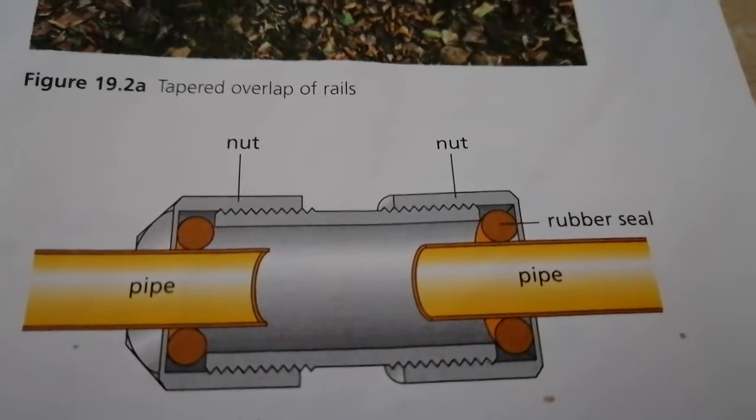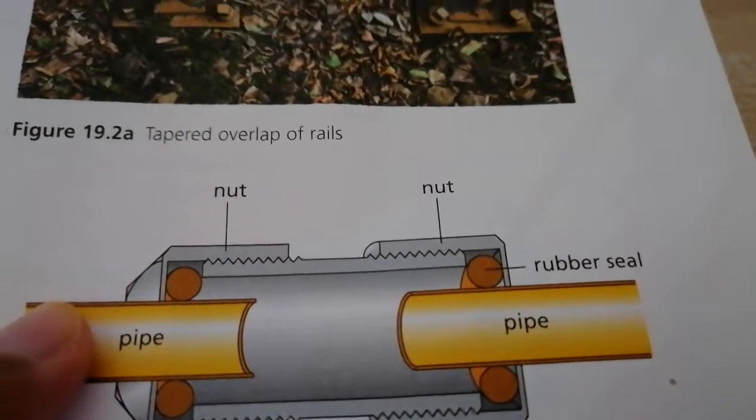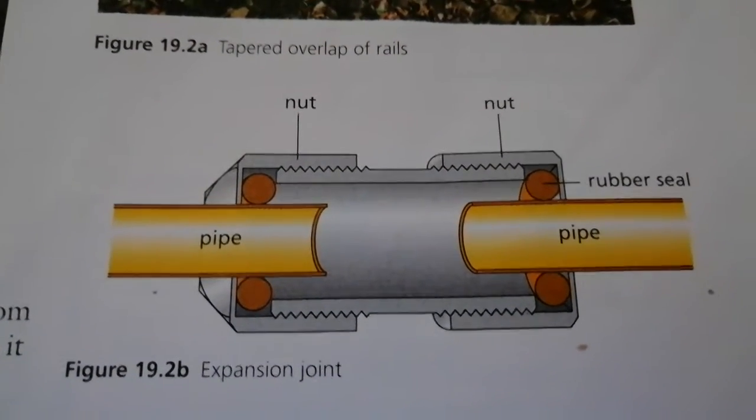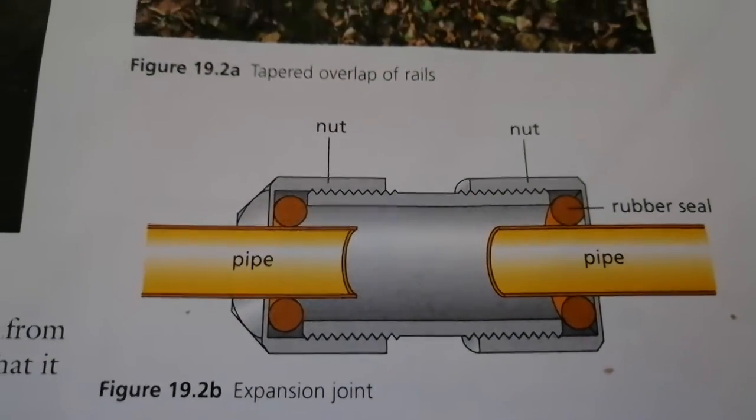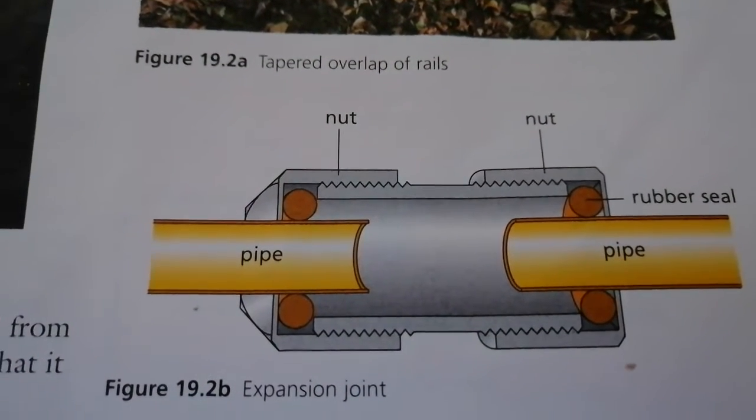When I zoom in, actually the gap is like this. We call this an expansion joint. On a hot day, this will expand, and on a cold day, this will contract.